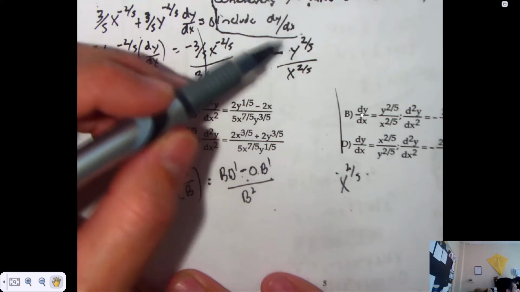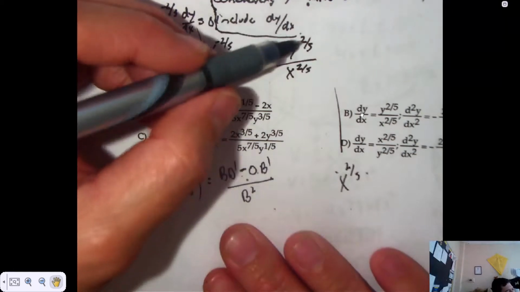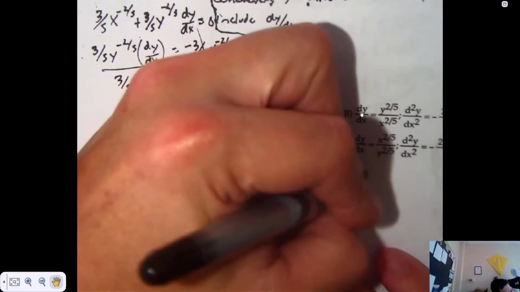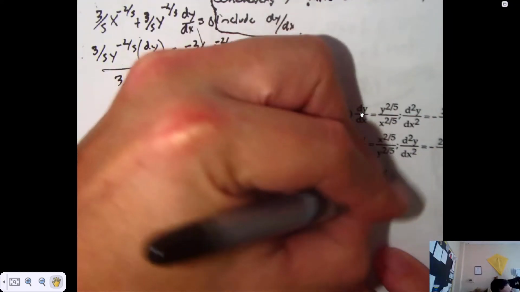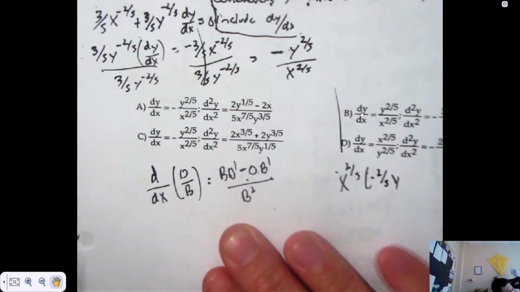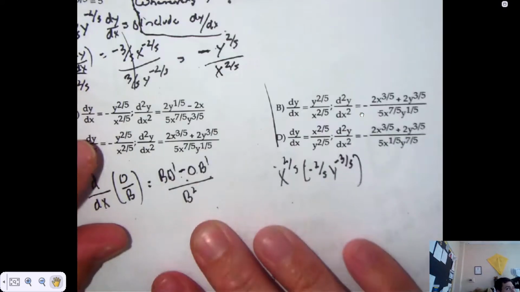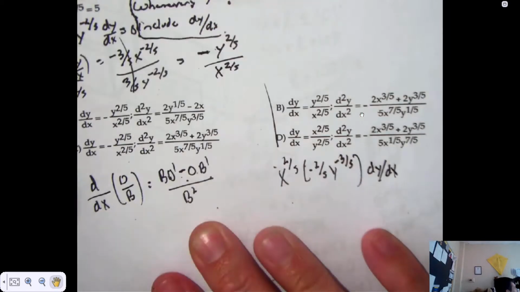We have to say we did it. The derivative of that guy is going to be negative 2/5 y. We're going to take away 1 again. So we're going to drop down to the negative 3/5 power. And we took the derivative of y, so we have to state that we took the derivative of y. We have to state dy dx.